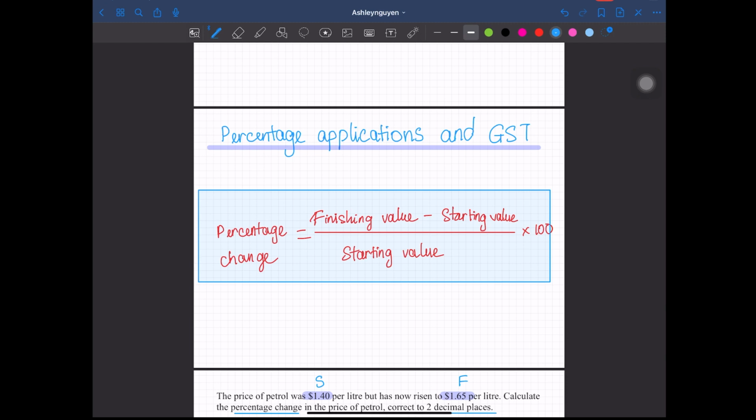There would be a discount, or some marketing campaign or something else that impacts the price to decrease. So whenever you write your answer, just write the number, take away the negative sign, but you have to acknowledge that the price has decreased.